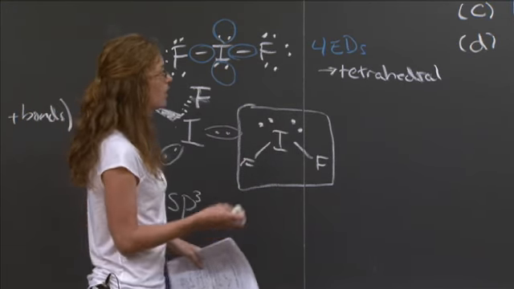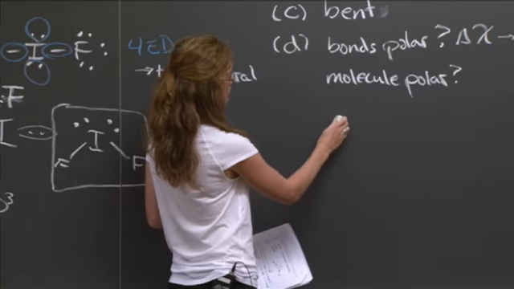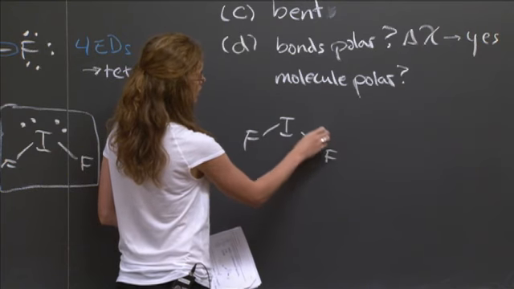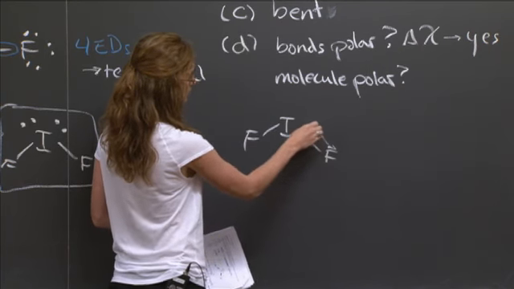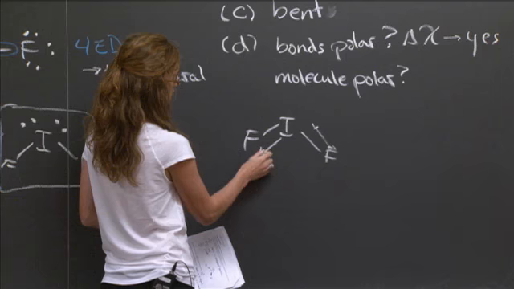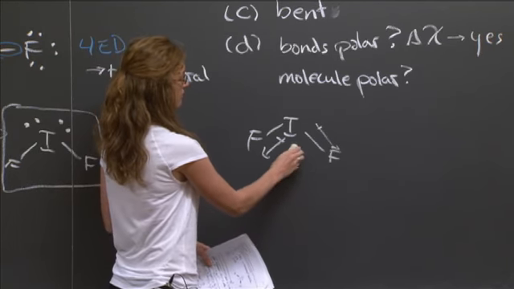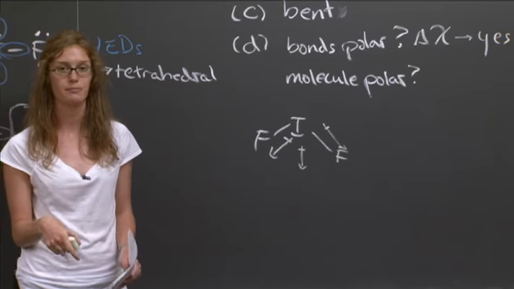Thus, I'll rewrite this over here. We know that if we draw in our polarity vectors, we can realize that we'll have a net dipole pointing down.